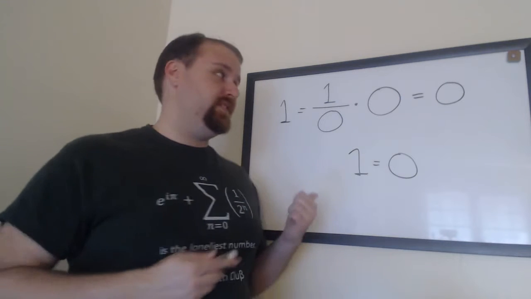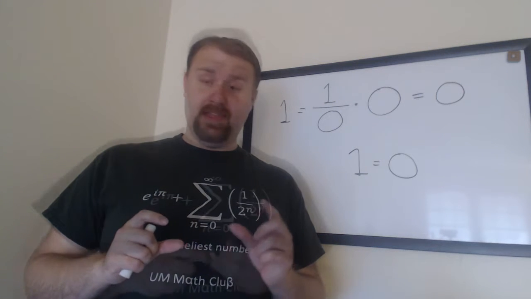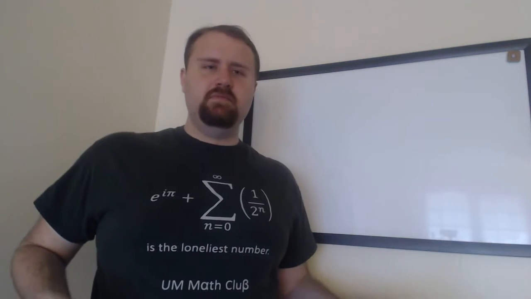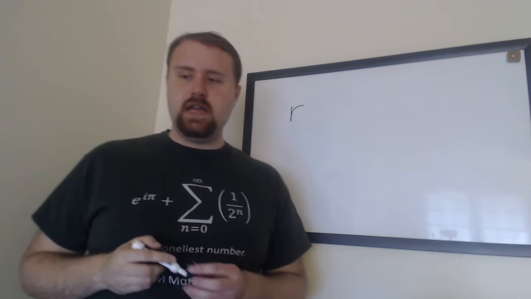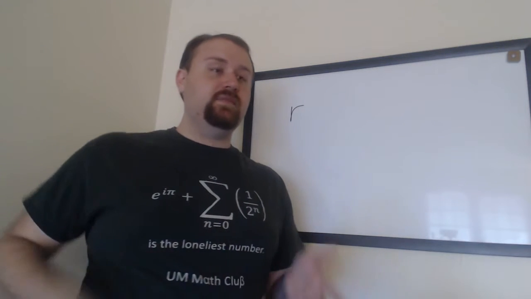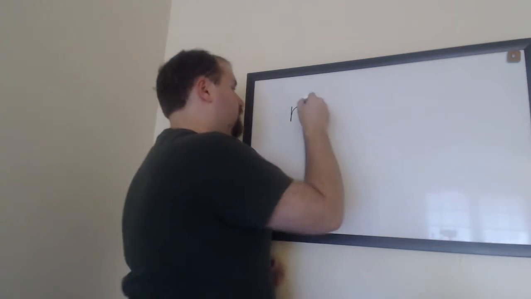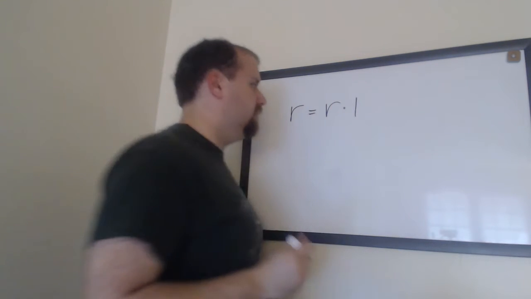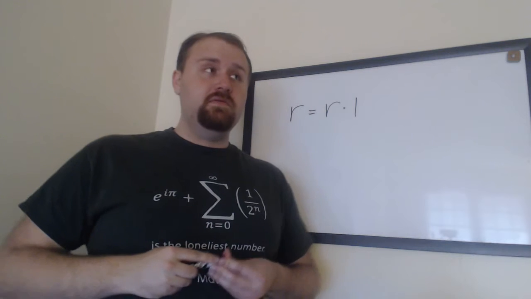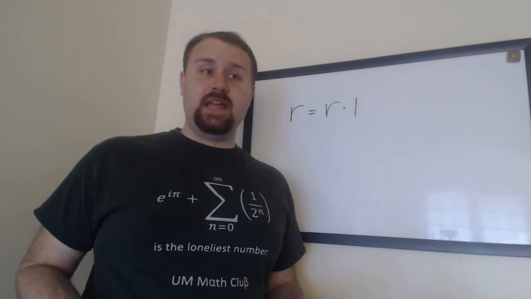Now that could be a bit of a tricky problem, but it's actually even worse than that. So let's pick any arbitrary real number. Let's just call it r, okay? So if I have r, now I know that if I multiply r times 1, I'll just get r again. So r is the same as r times 1. But because I divided by 0, I now know that 1 and 0 are the same number.